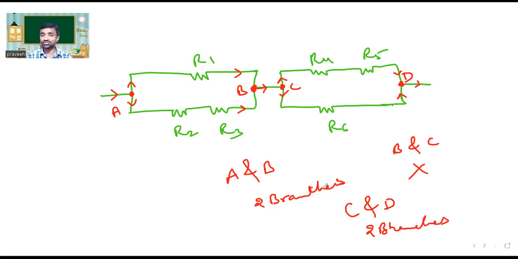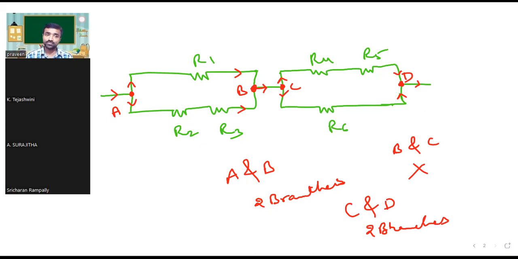So in the branches, do they have 2 resistors or more than one electric component connected in the same branch? Answer me. Pick out. In any branch, did you see more than one component?